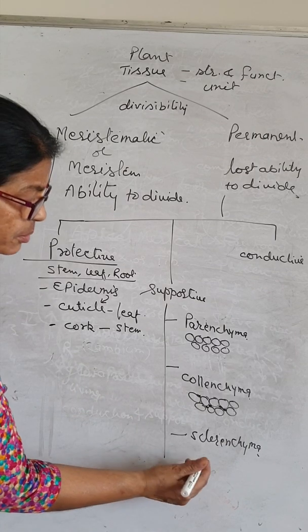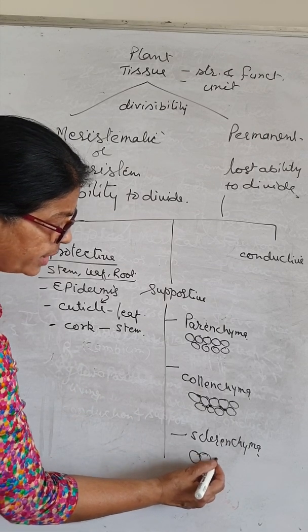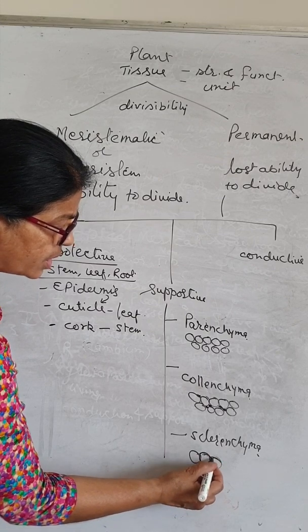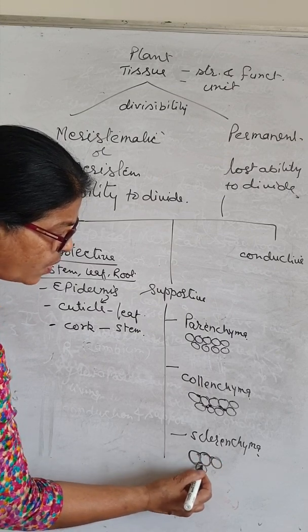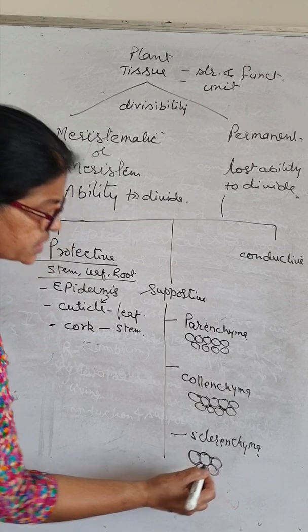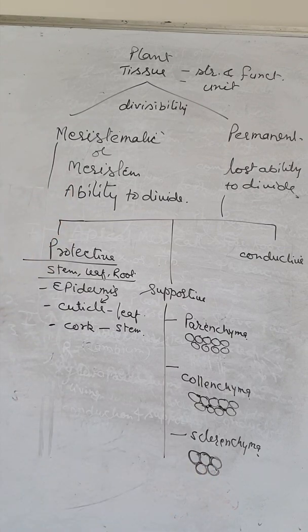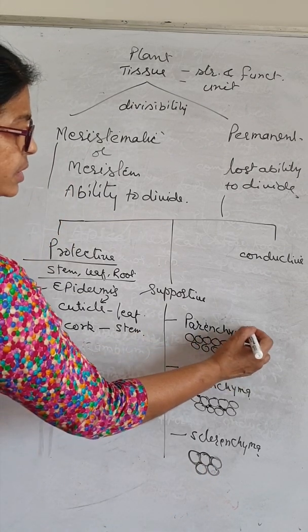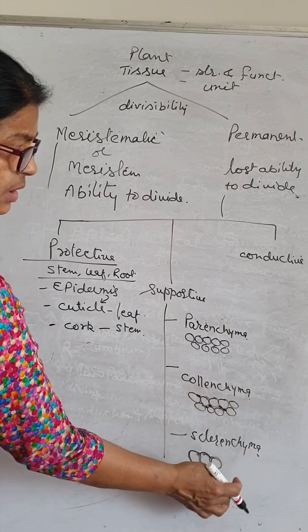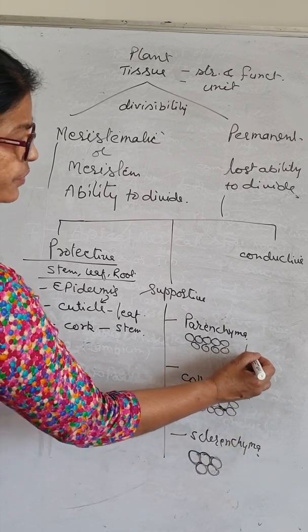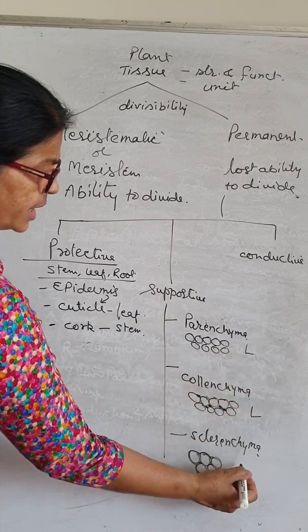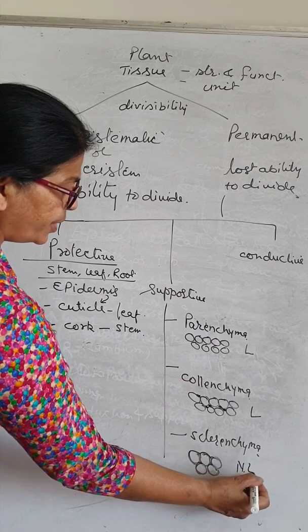The sclerenchyma have thick walls, with thickening all around the surface. All the surface of the cell is thickened. Parenchyma are thin walled, collenchyma are thick walled, and sclerenchyma are thick walled. Parenchyma and collenchyma are made up of living cells, and sclerenchyma is made up of non-living cells.